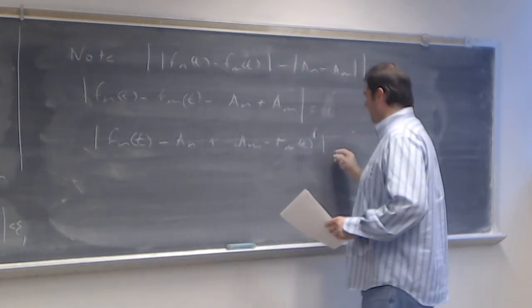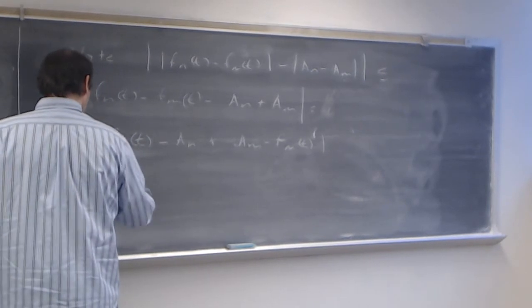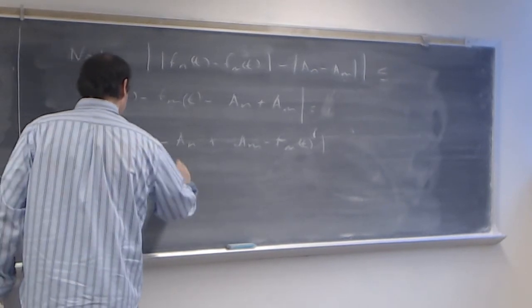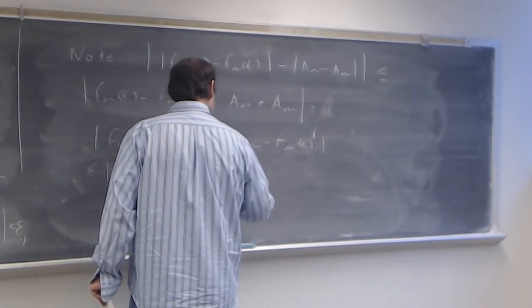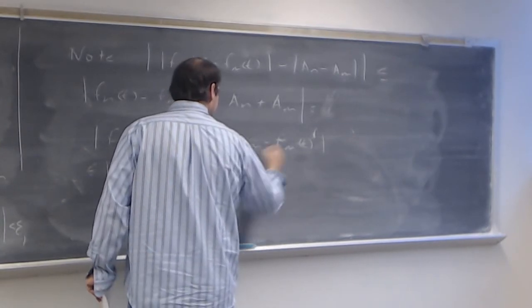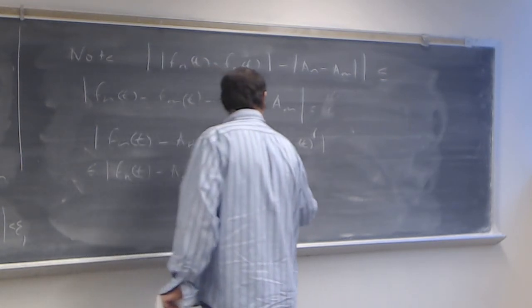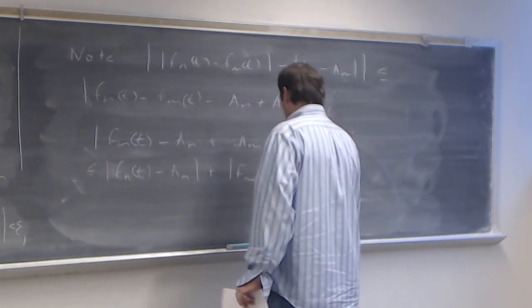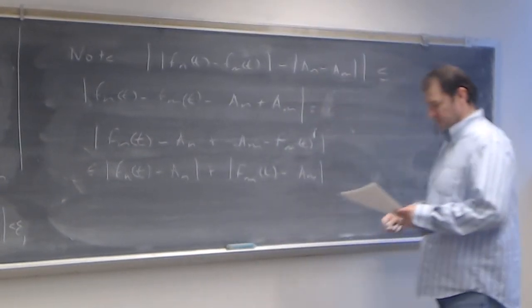Then that's less than or equal to, using the triangle inequality, the absolute value of f sub n of t minus a sub n plus the absolute value of a sub m minus f sub m of t, and I can pull out a minus, and that makes it the absolute value of f sub m of t minus a sub m. That's the same thing.